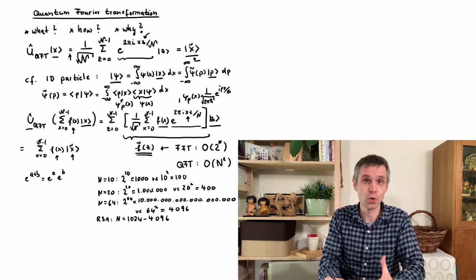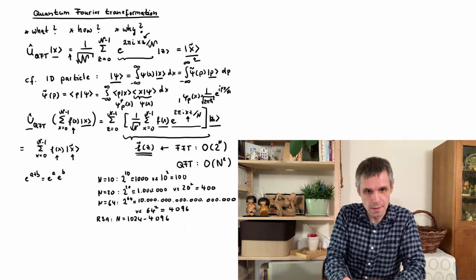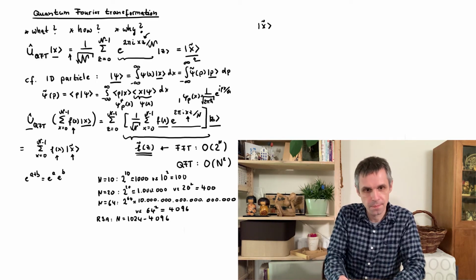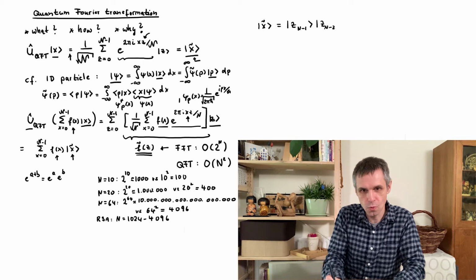So let us turn to the how. Well, what is the secret behind all of this? Well, it is the fact that these states x tilde here are still separable states. They can be written as products of states that I call Z_{n-1}, Z_{n-2} up till Z_0.